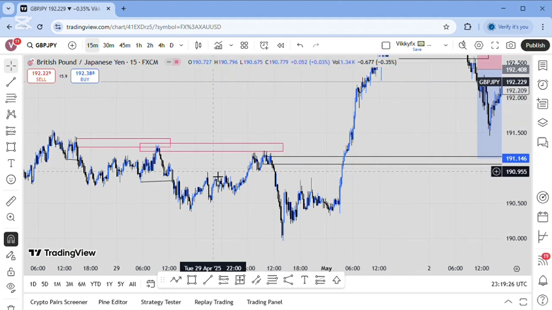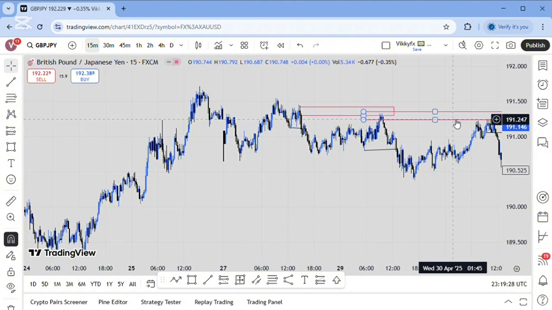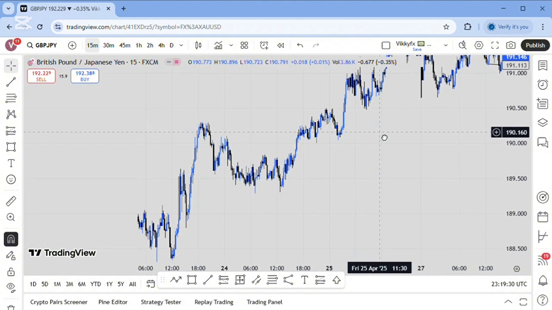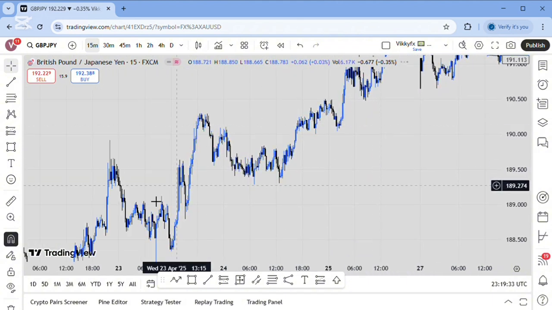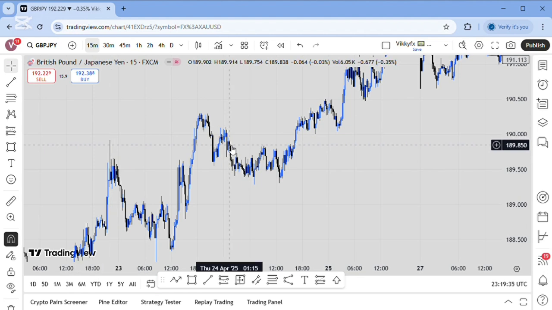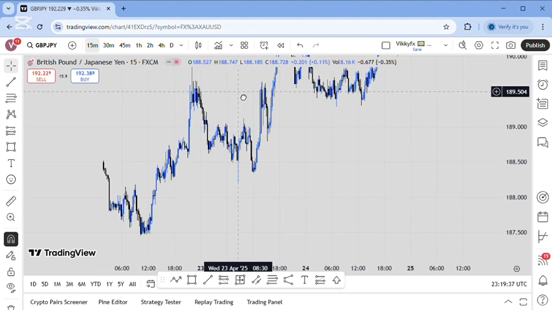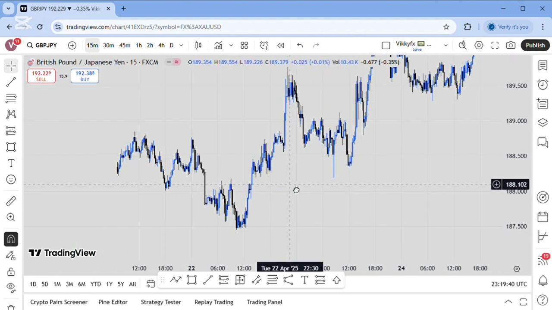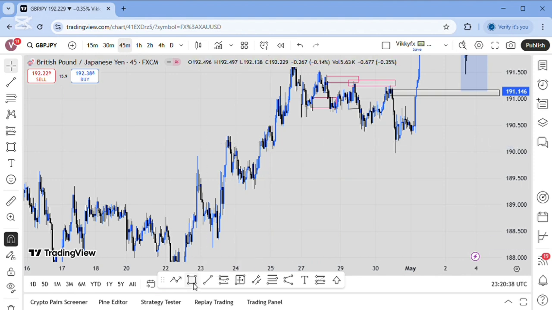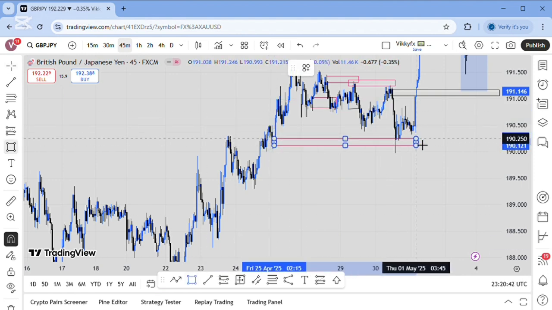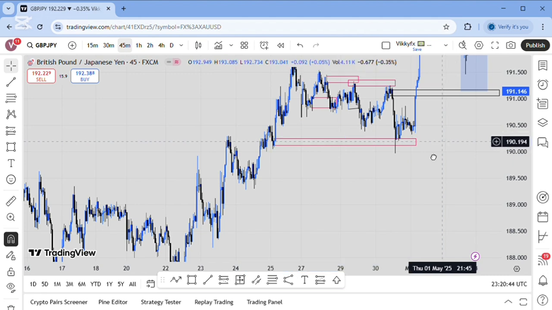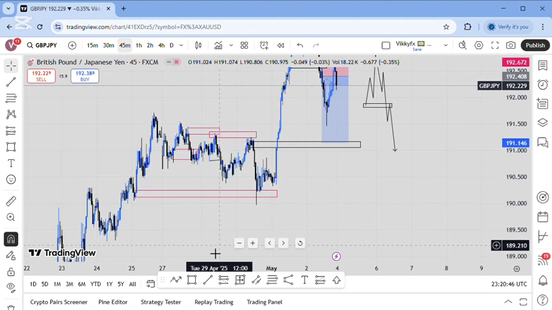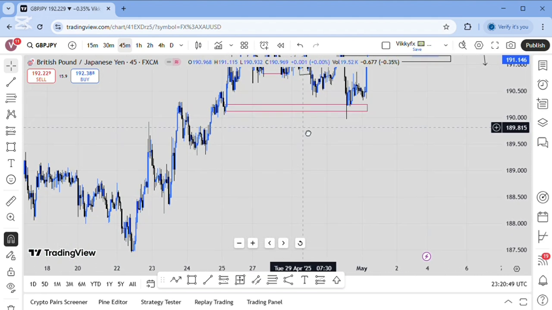So let me show you guys an example of a buy setup. We have to look for this break of structure, and a zone. This is a zone, but the zone wasn't respected. Most of the time some of the zones won't be respected, you understand.